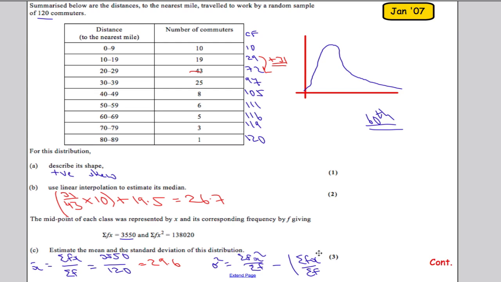And then take the square root of that. Sum of fx squared is 138,020 over 120 minus the square of the mean, 3550 over 120 to be squared.